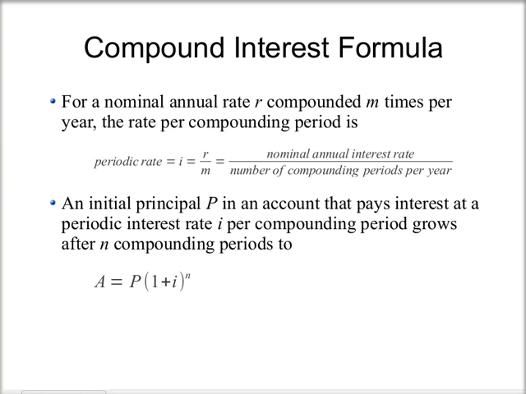And then to calculate the amount you're going to have in your account, if you have an initial principal P that pays interest at a periodic interest rate I per compounding period, after n compounding periods, you will have A equal to your principal P times (1 plus the periodic interest rate I) to the power n.